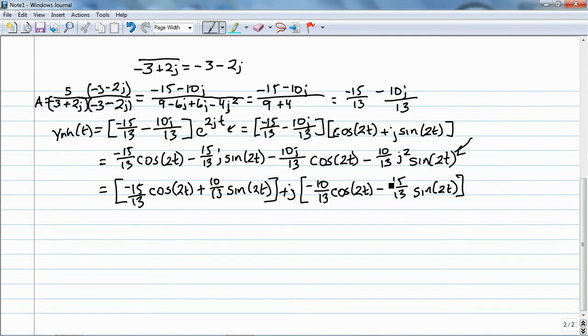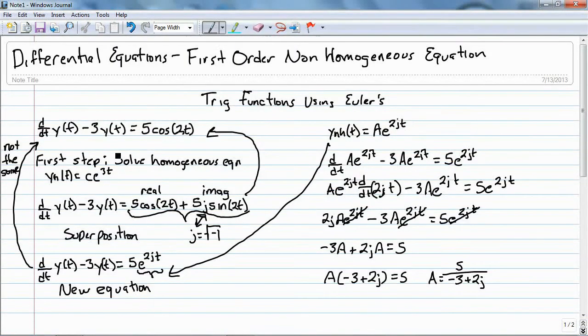Now remember, we said when we started out that this first problem, the one that we wanted to find, we just were looking for the real part of Euler's, and we had added in this imaginary part so that we could use Euler's.